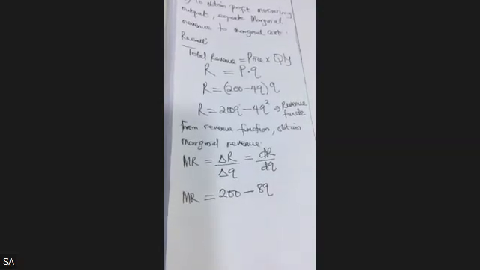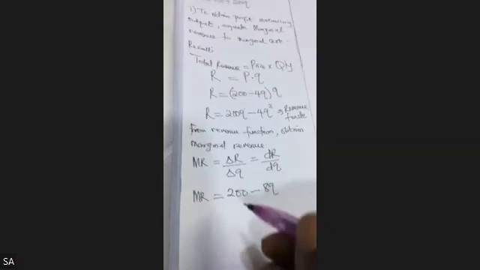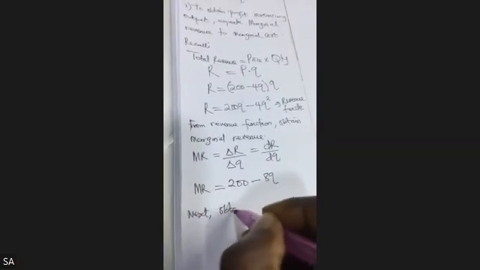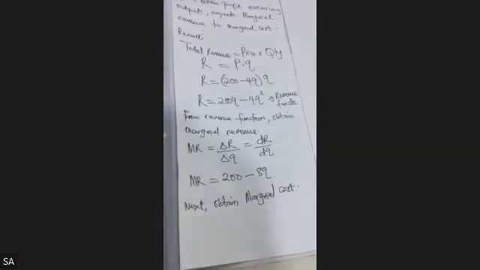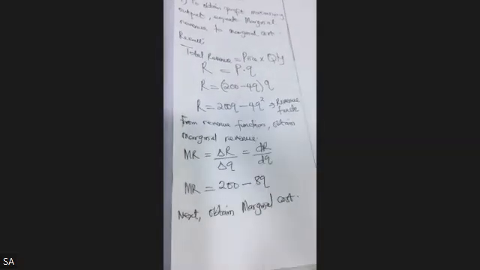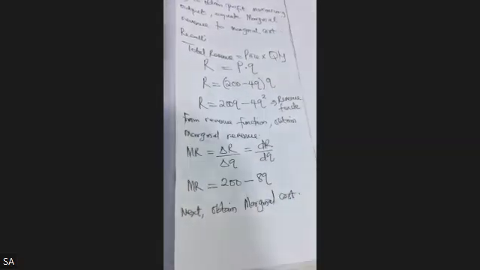Please pay attention. Next, I need to obtain marginal cost. Class, marginal cost is obtained from total cost. Let me give you a short note on that.